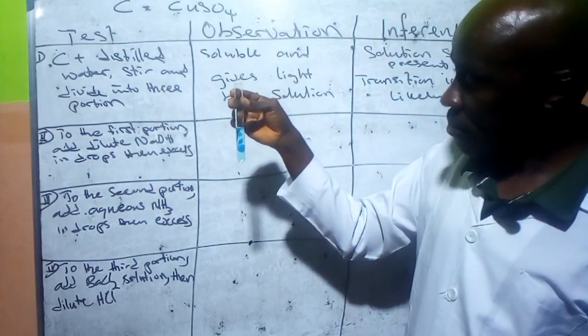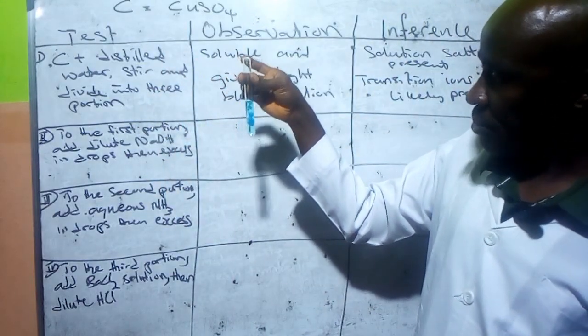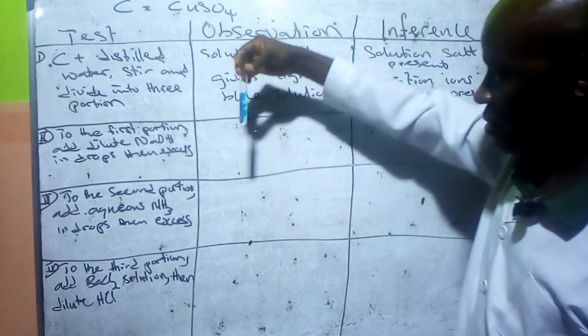Look at what we have: a pale blue gelatinous precipitate. As you can see, you can see the precipitate inside. That's what we have now.